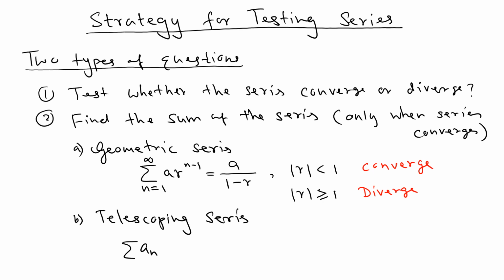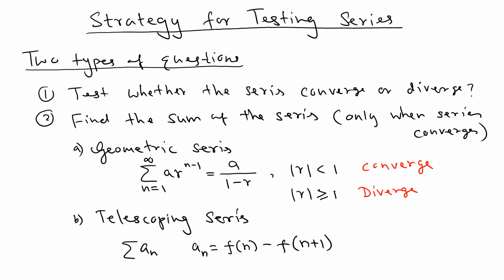Telescoping means the nth term a_n can be written as the difference of two consecutive terms. The best way to write that, if you have a function, is f(n) minus f(n plus 1). These are two consecutive terms. So if you can write the nth term as a difference of two consecutive terms, what you get is what we call a telescoping series.